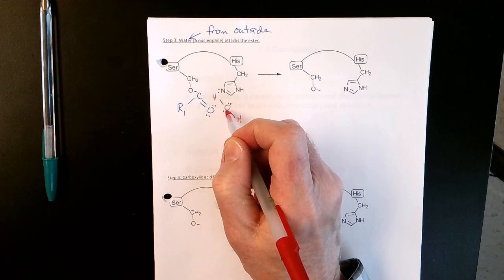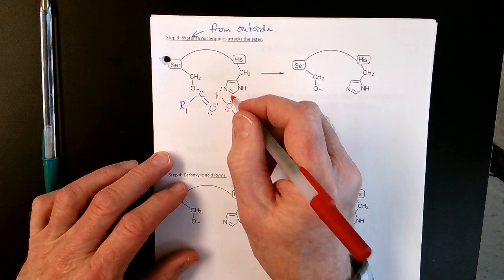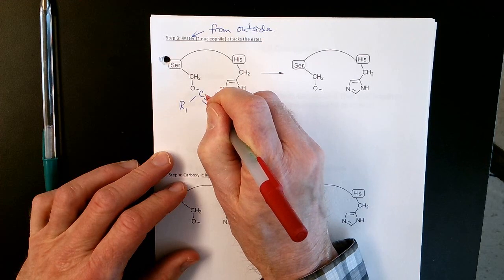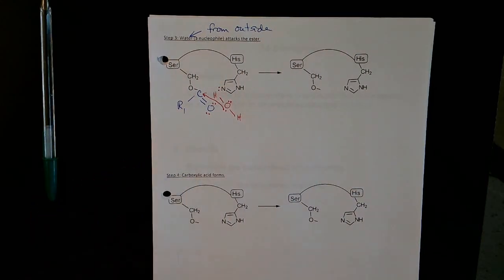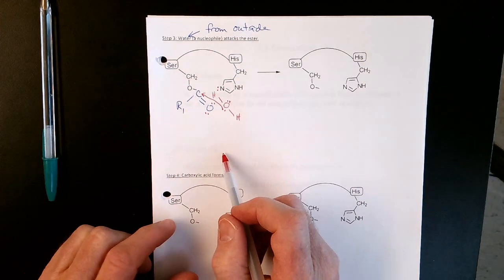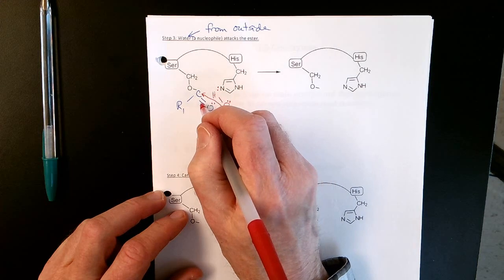Now, you know where water is going to want to head. Its oxygen atom is a good nucleophile, so it's going to want to head straight for the carbon. Might as well draw it like that. I could have drawn it further up in there, I guess. I was trying to keep things as separated as possible. Well, same thing again.